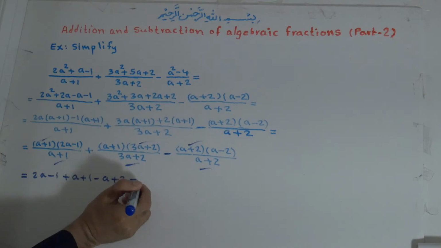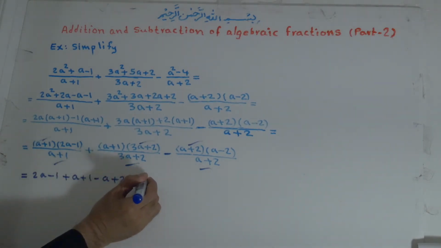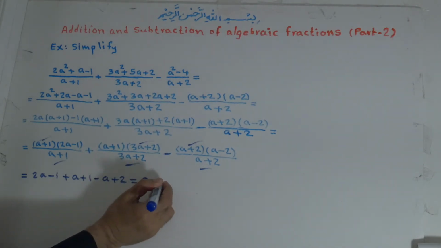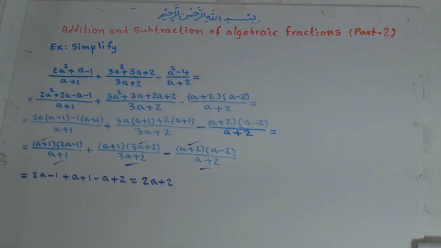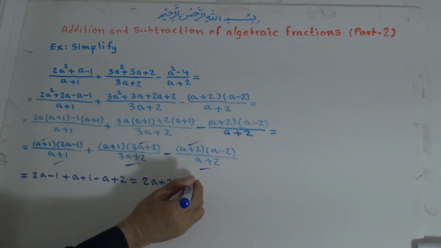Now 2a, so plus a reduces with minus a, and minus 1 with positive 1. The only thing remaining is 2a plus 2. So for 2a plus 2, we can factor out the 2. What's remaining inside?